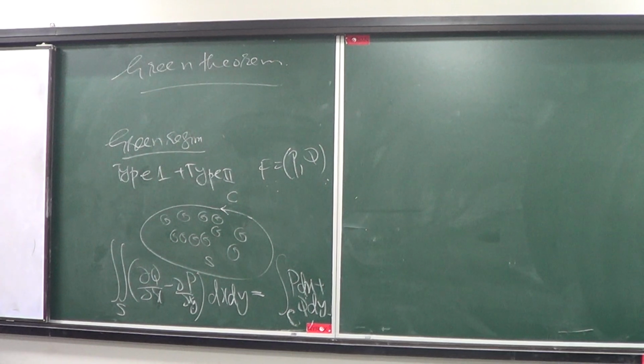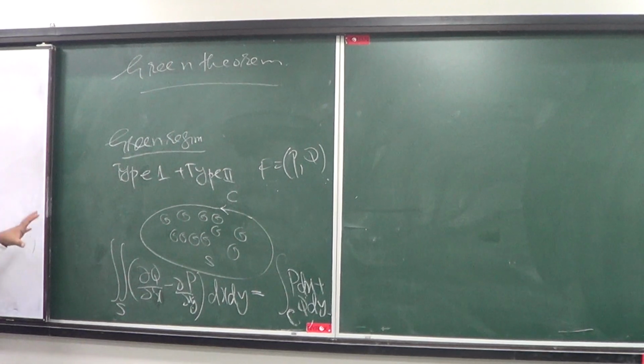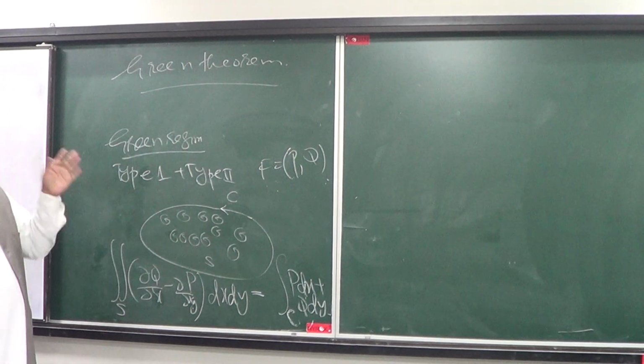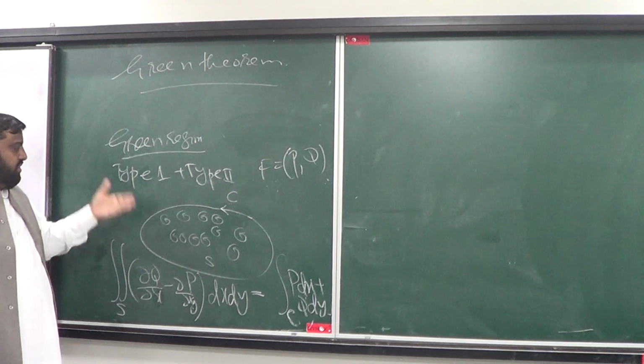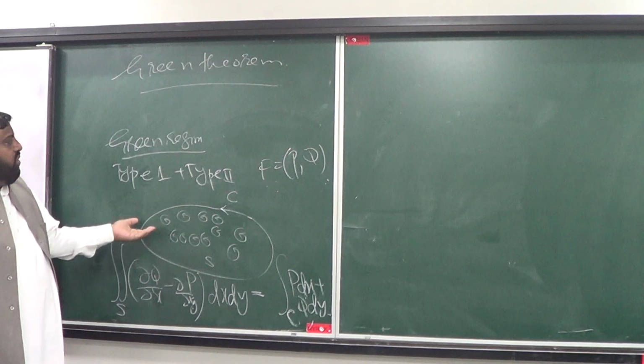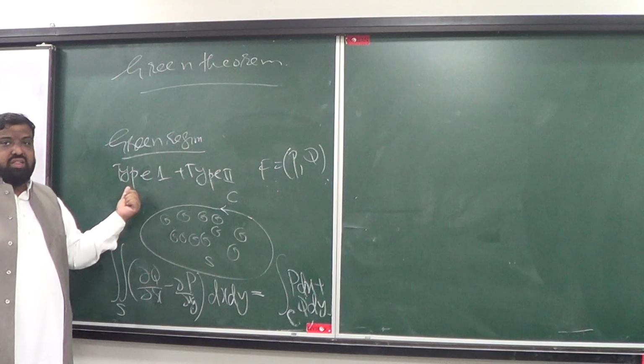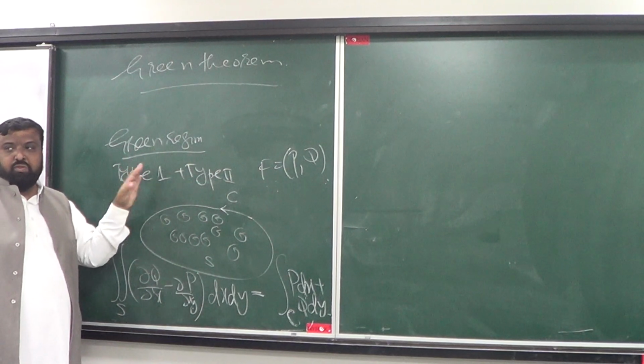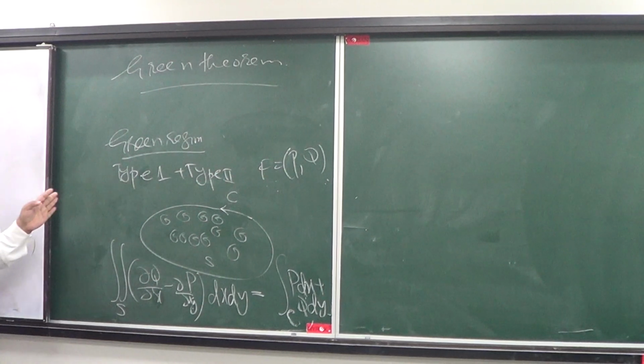Now, what is the serious limitation of this result? This result demands a lot in its current form. It is true only in those regions which are green regions, in other words, type 1 and type 2. The question is, what if I don't have a green region?